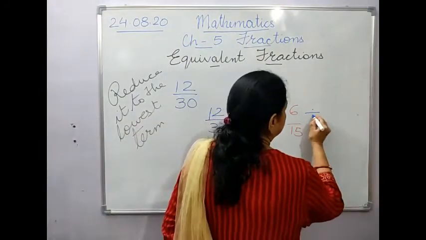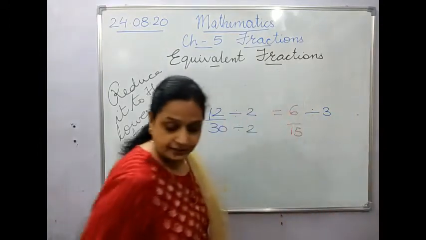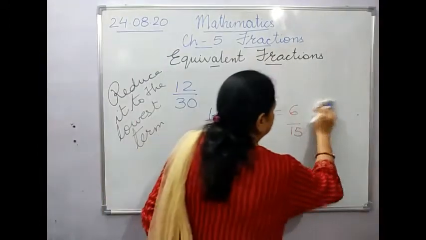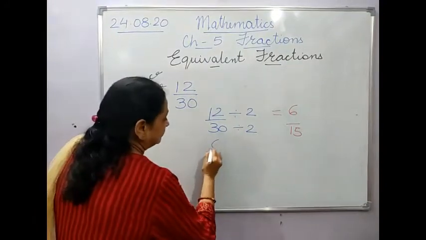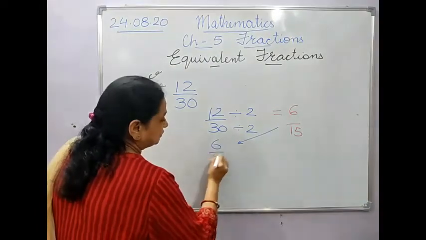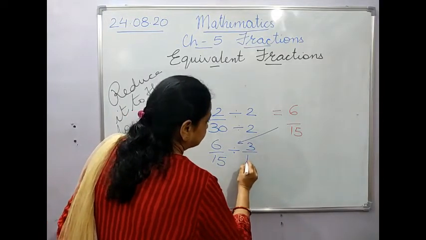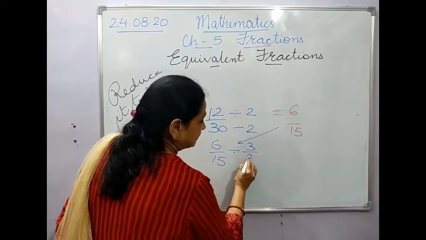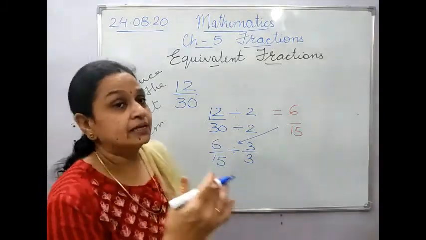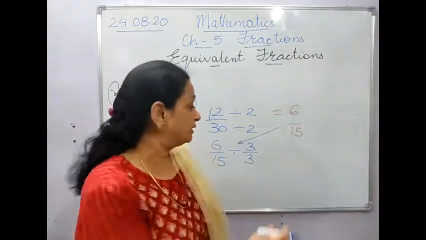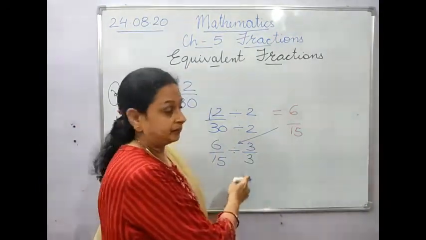If we try finding out like this, or I write below over here, this I have brought over here, 6 upon 15. If I divide by 3 and this also be divided, you know that in equivalent fractions, if we multiply or divide, it has to be with the same number.